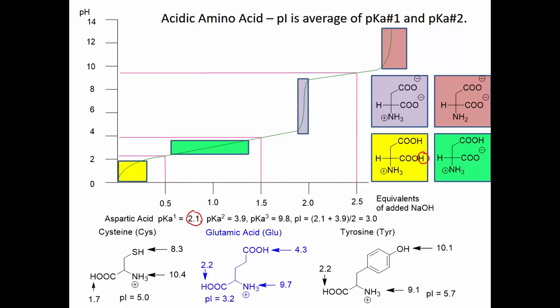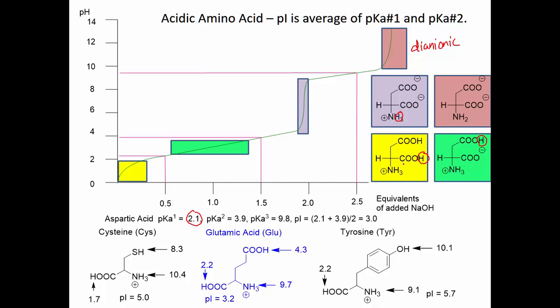The second most acidic proton is the other carboxylic acid proton, and when it goes away, we get this species, which is the anionic species. And we still have another acidic proton remaining, and this gives us the dianionic form.